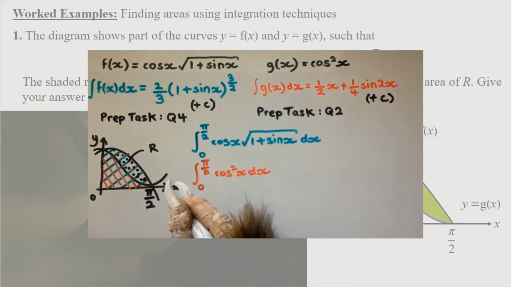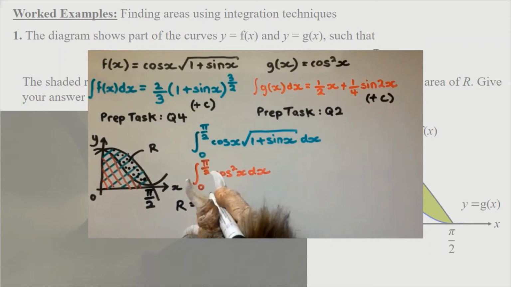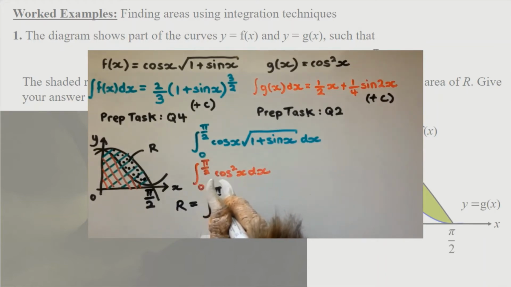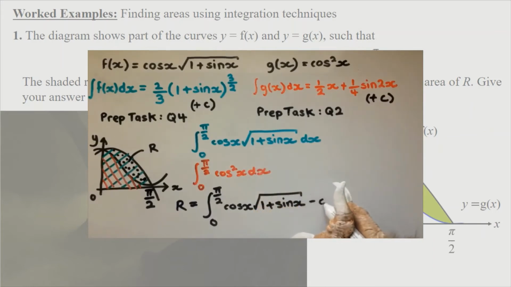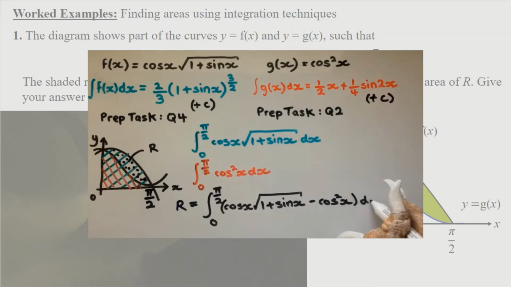So R is going to equal the integral from 0 to pi over 2 of cos x multiplied by the square root of 1 plus sine x, subtract cos squared x. Okay, all with respect to x. Once this is evaluated, this will give me the area that I want.